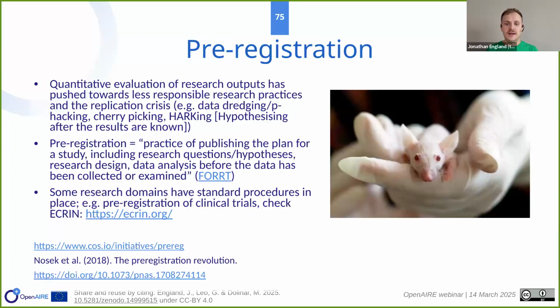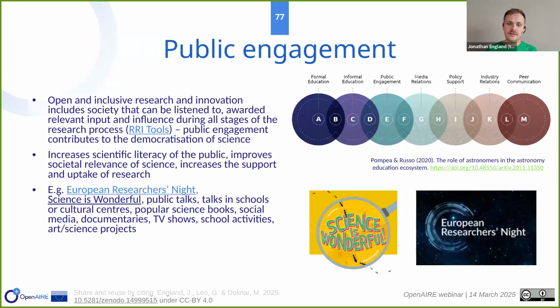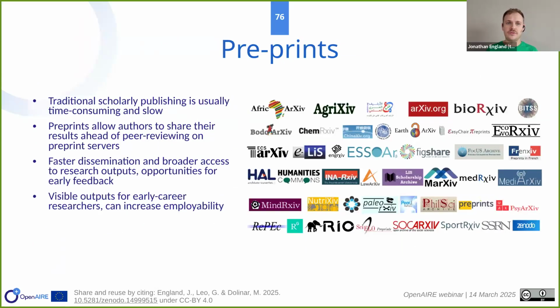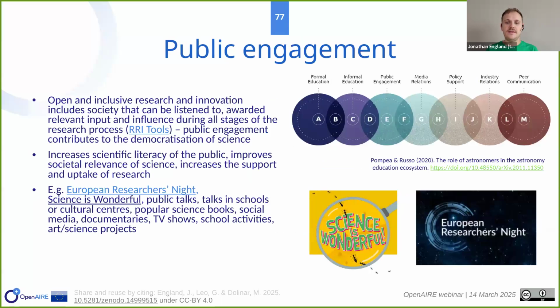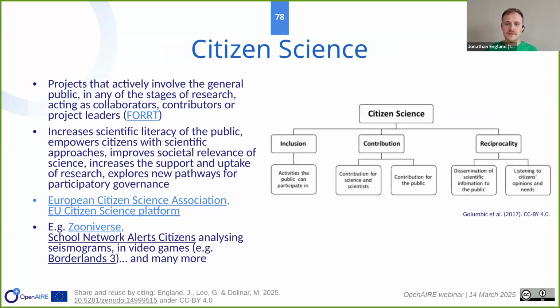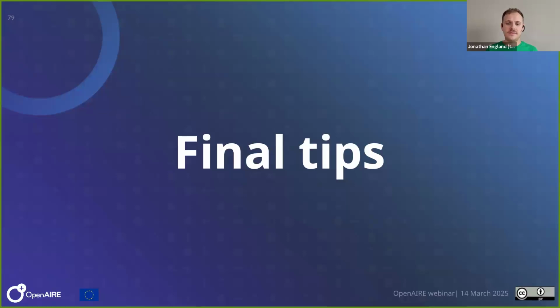So there's pre-registration, there's preprints, which is slightly different for open research here because the concept of preprint doesn't exist in this publishing model. Public engagement, citizen science, and others.